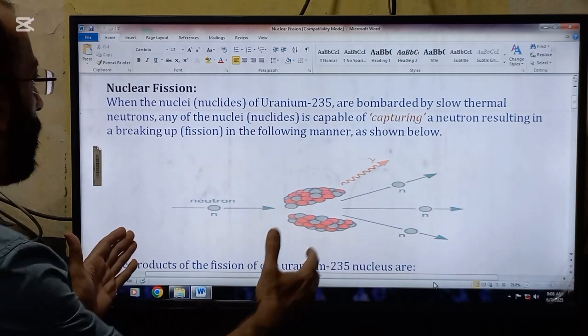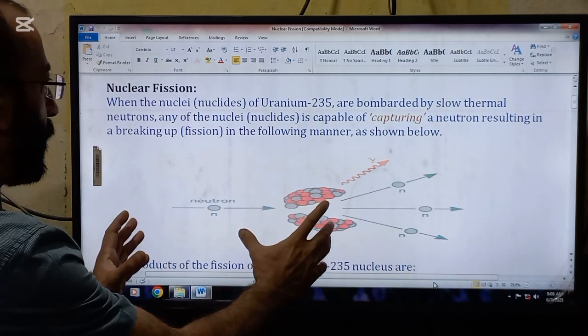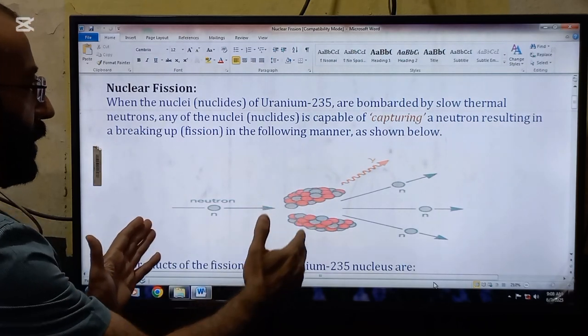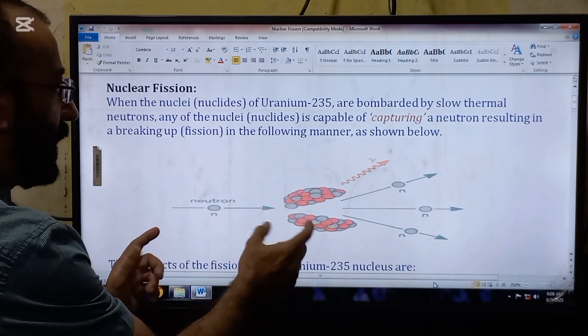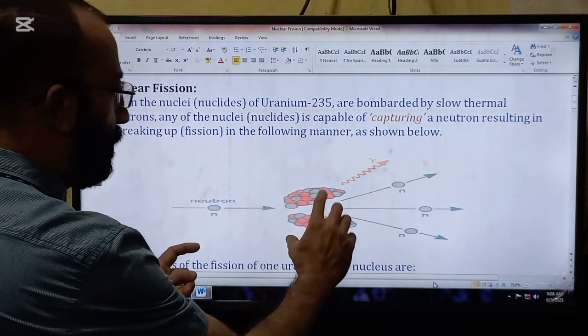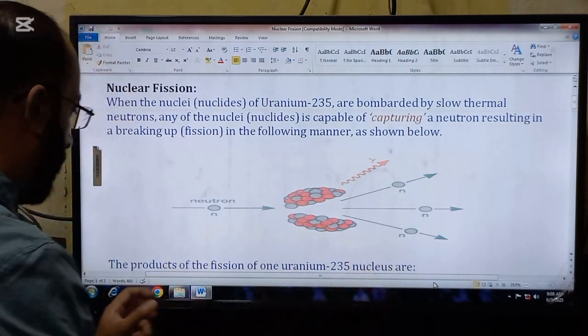And here is the process. This is the uranium-235 nuclide that is bombarded by the neutron, that is capable of capturing the neutron, resulting in the breaking up of the uranium nuclide in this manner.